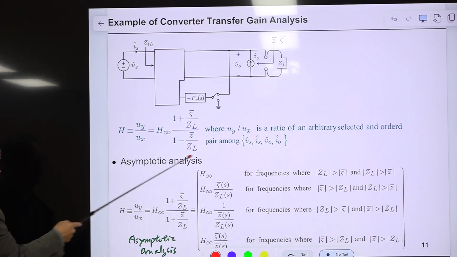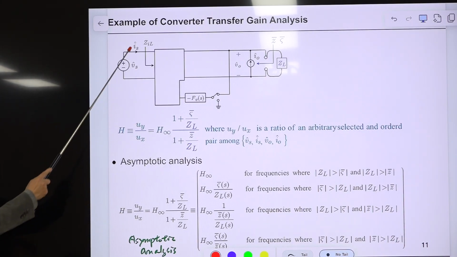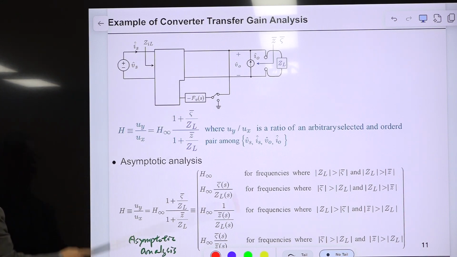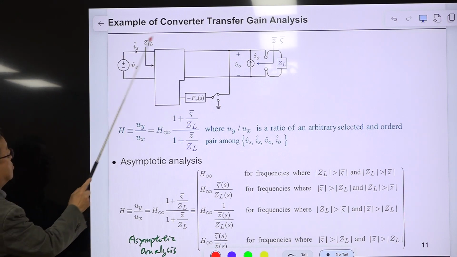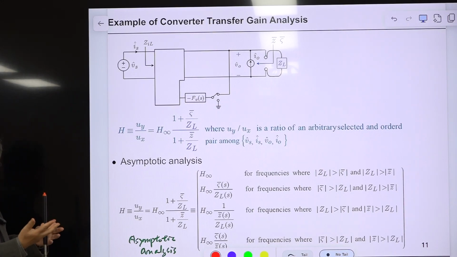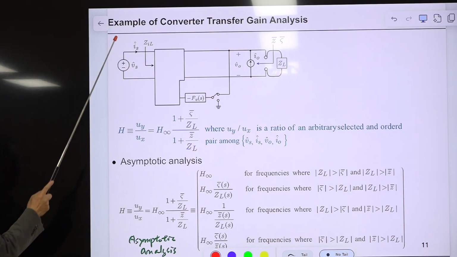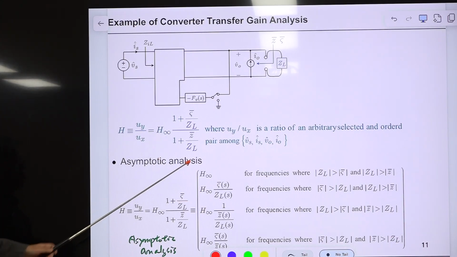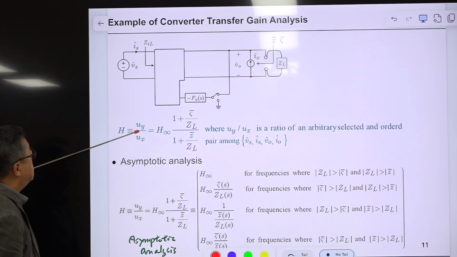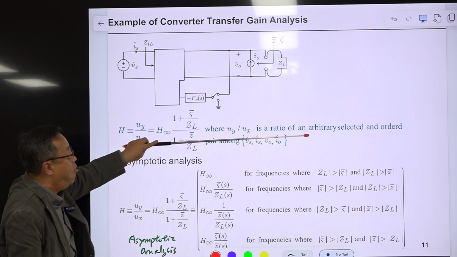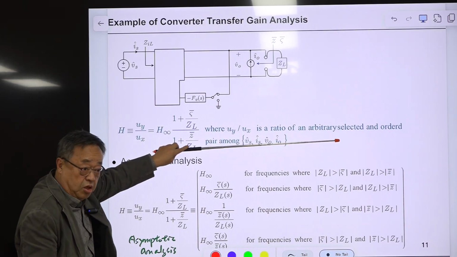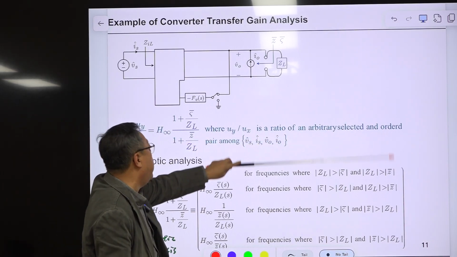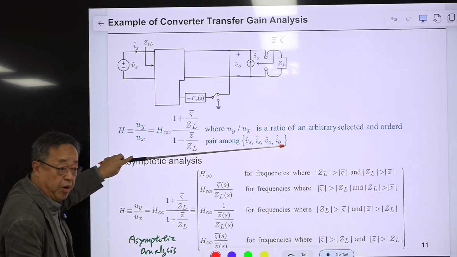And there are four variables, in any order. The way of defining the transfer gain is your choice, arbitrarily. This one can be input, this one can be output, or vice versa. So this ratio is a ratio of an arbitrarily selected and arbitrarily ordered pair among these four variables.